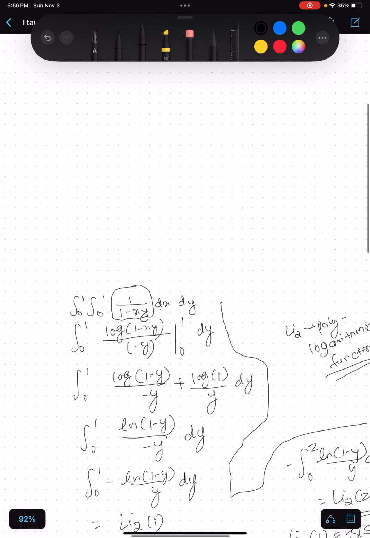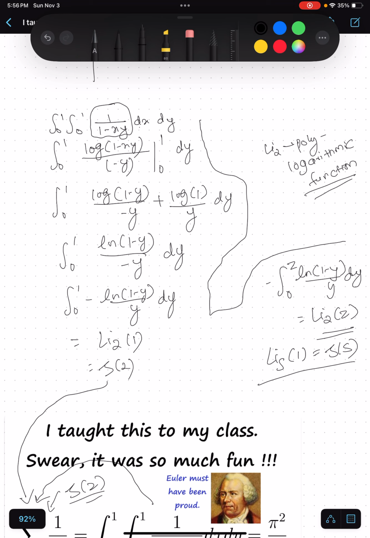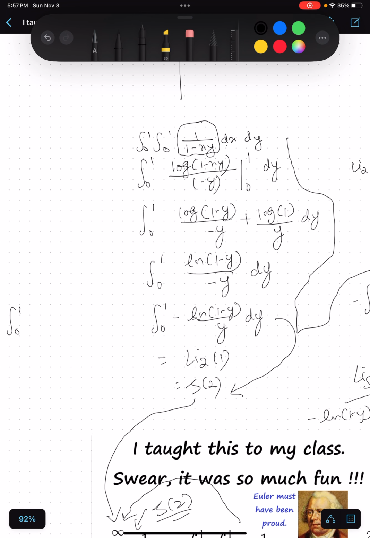Okay, let's see. Hey guys, if you don't know about the polylogarithmic function, you can get that answer even by just applying the series of log. We know that the series for minus ln of 1 minus y is y plus y square by 2 plus y cube by 3, and so on, right? Dividing this series by y in the integrand, we get the integral from 0 to 1 of 1 plus y by 2 plus y square by 3 plus y cube by 4 dy.